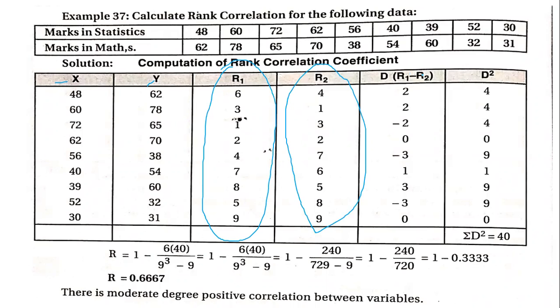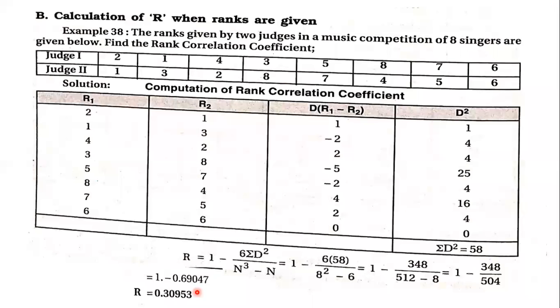So the effort that you put in finding out the ranks is saved. You need not find the ranks. What you are supposed to do is just find the difference between the ranks and square them, and then use the same formula to find the resultant. Let us see the question here.